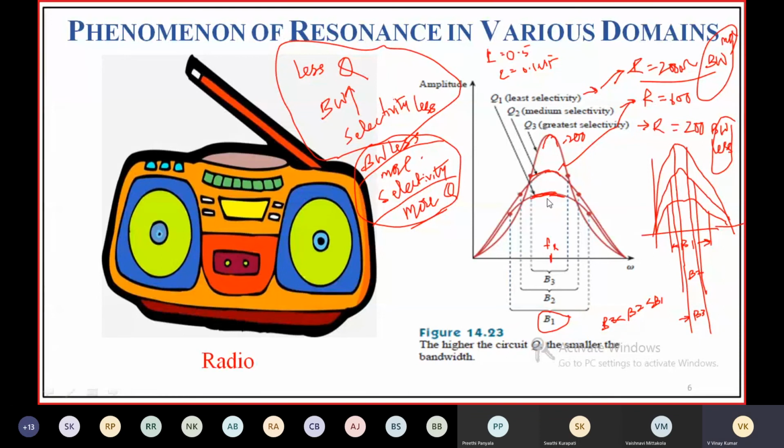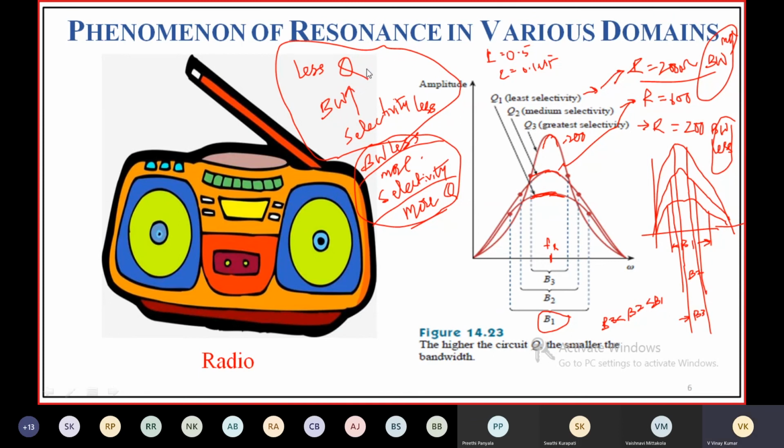That's why Q will be less. Selectivity is less. For this curve, if bandwidth is less, there is more selectivity and more Q, for having less resistance. For having more resistance, Q factor is less, bandwidth will be more, selectivity will be less. This relationship is important.